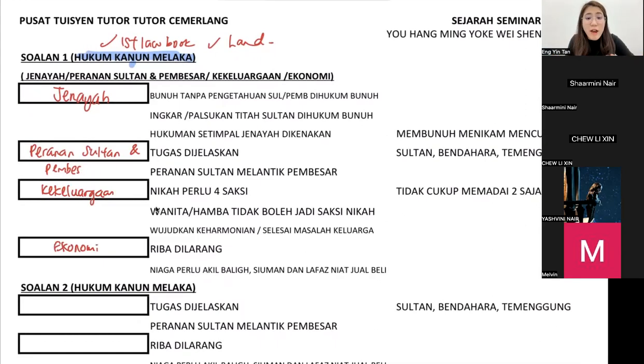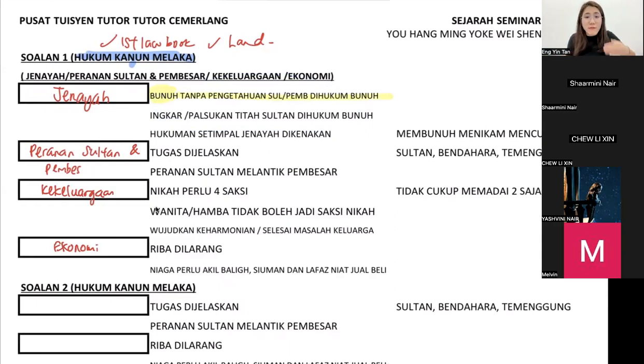So you see, jenayah, guys. Now, jenayah is crime. Means that you do something, a criminal act. So under this case, the law mentioned that if you are involved in any case of tindakan jenayah, what's the punishment? So you see, they say, sesiapa yang bunuh tanpa pengetahuan sultan atau pembesar akan dihukum bunuh.